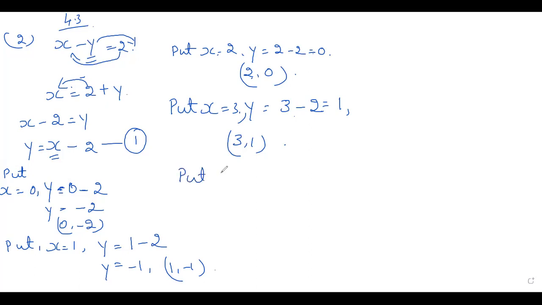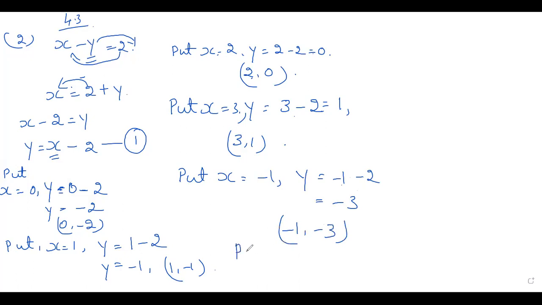Next, put x is equal to minus 1. Then y is equal to, write minus 1 in place of x, that is minus 1 minus 2. Minus 1 minus 2 is minus 3. What are the points here? Minus 1 comma minus 3.